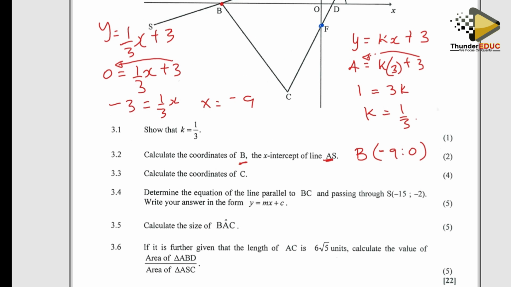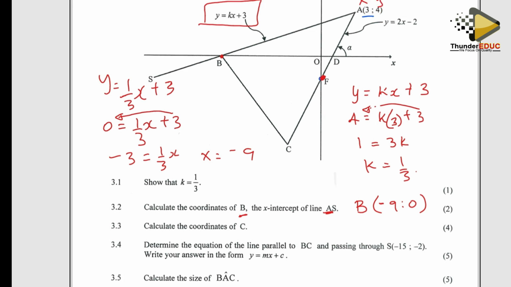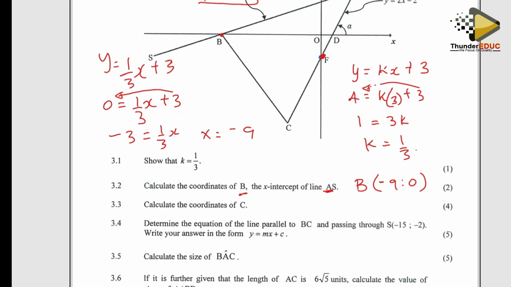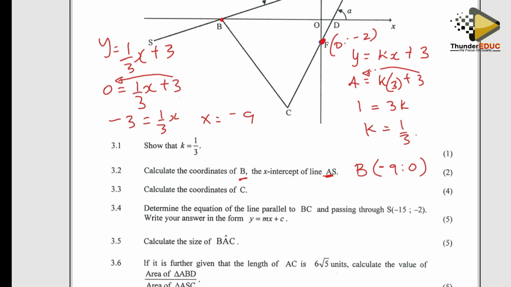Then they want us to get the coordinates of C. For me to get C, remember, they told us that F is a midpoint. So if F is a midpoint and F is on the y-axis, from this equation, I know that F is the y-intercept. So the coordinates are going to be 0 and -2. That is for F. Okay, 0 and -2.